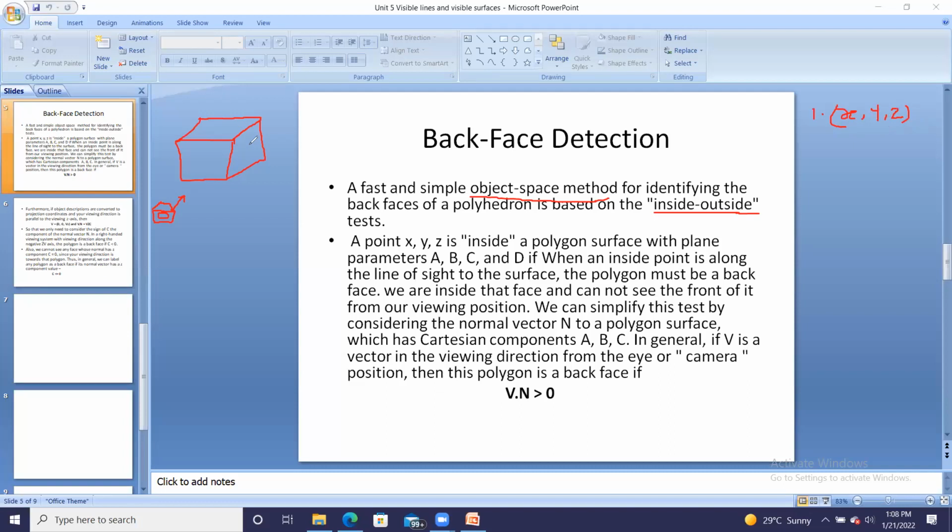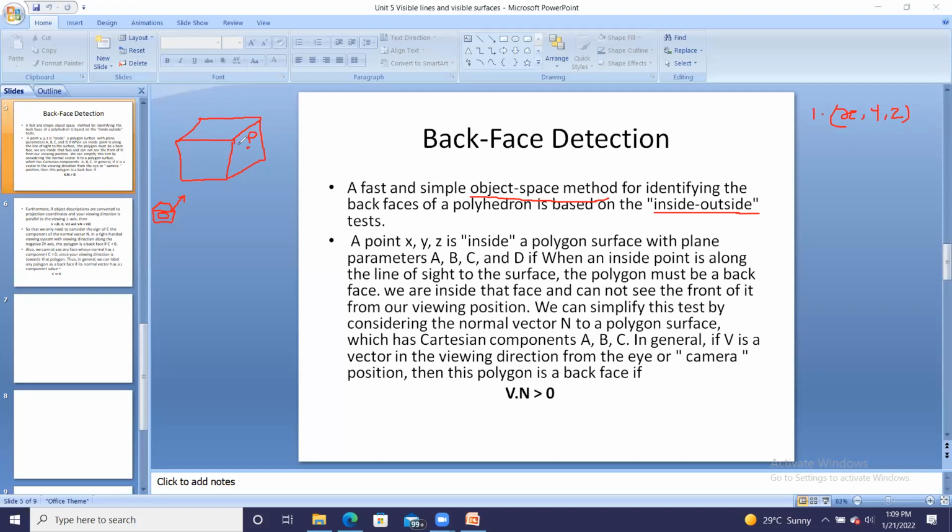Suppose this is a point P that I am checking.